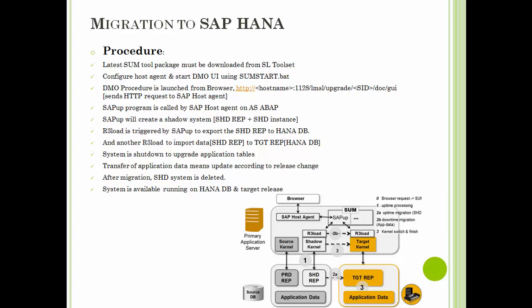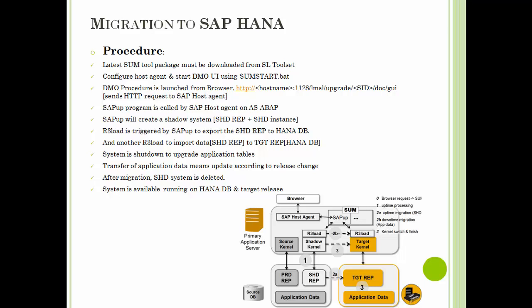And next, the shadow repository, which is built on the target release, gets ready, and then in step 3, the development lock is applied. That is, the system is no longer available for any development activities.